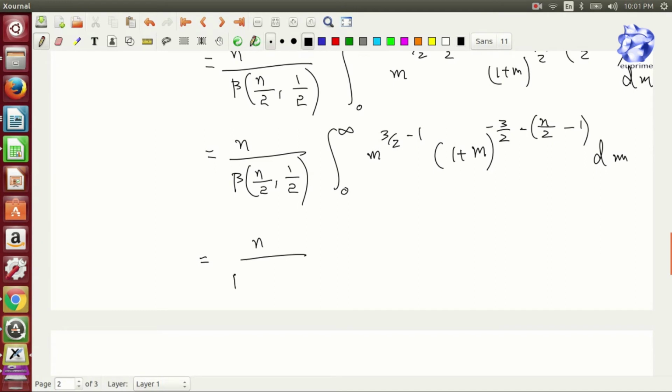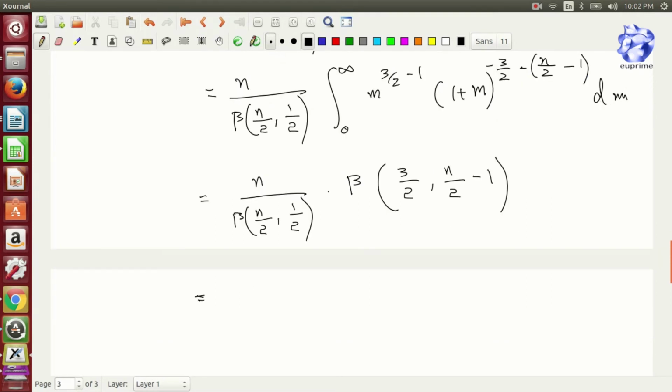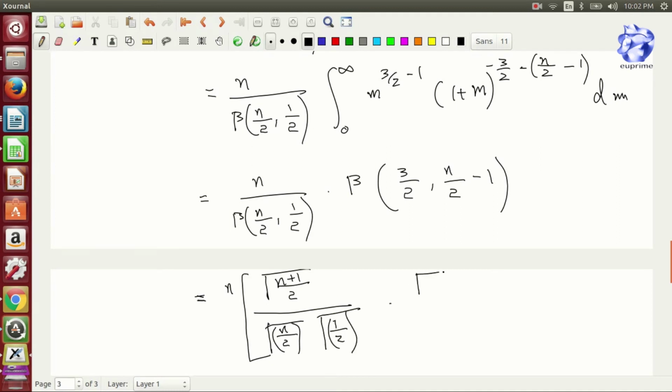Finally, on simplifying it, we get the value, for which we get the representation of beta of 3 by 2 comma n by 2 minus 1, as given in the equation.